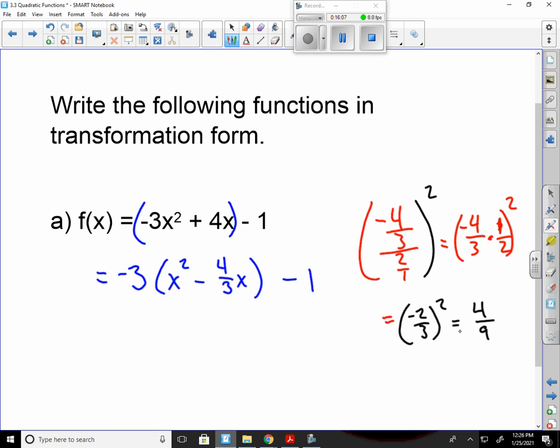Whatever I get here goes into this problem right there. So this is going to be negative 3 times x squared minus 4/3 x plus 4/9.